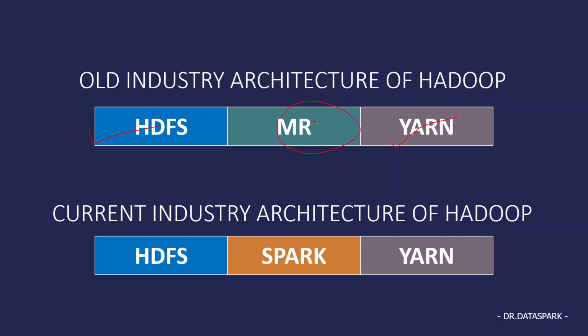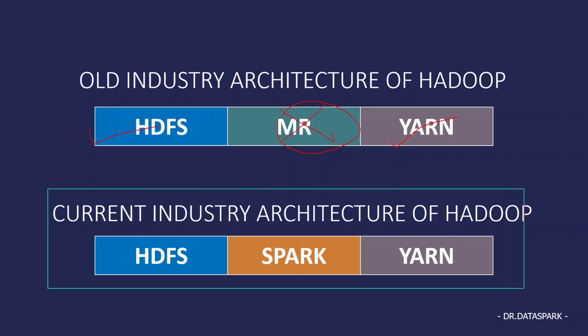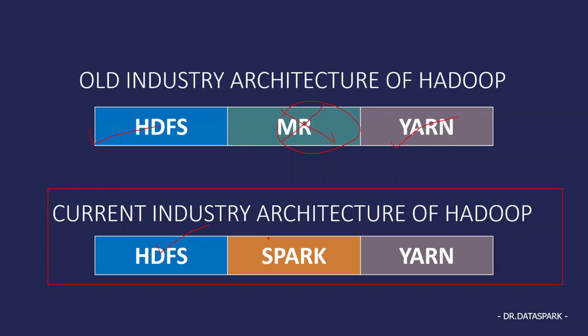It had to be coded in Java, with many lines of code. That's why MapReduce didn't become that famous. But nowadays, the current industry production standard is HDFS along with Spark and YARN.